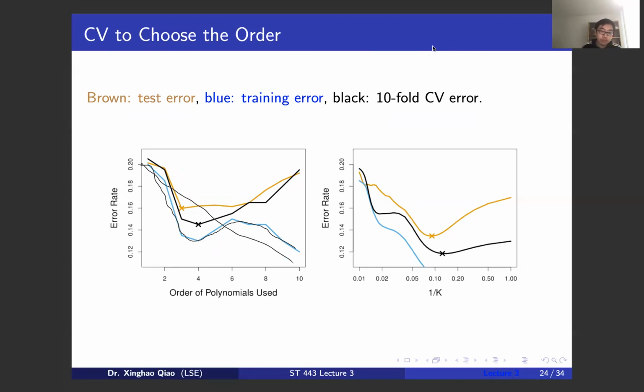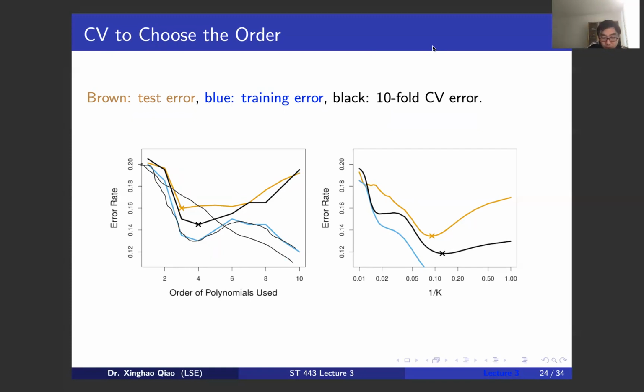This is also because of the difference between the population-level result, which is the true test error, and the sample result.